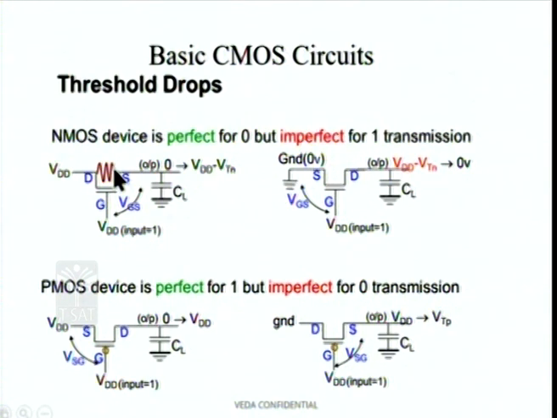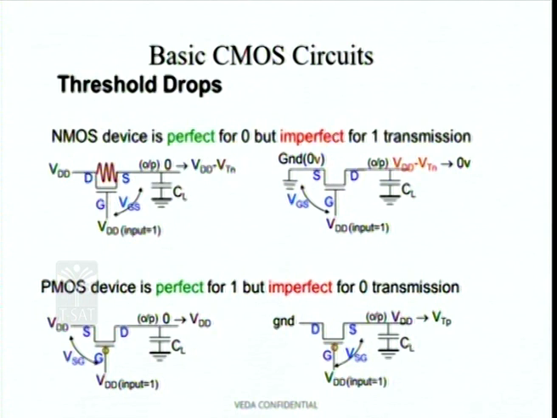But in CMOS devices, when we are operating at several hundred megahertz, maybe in the range of 500 megahertz to 1 gigahertz, you don't have that time to wait. Given 3 or 4 or 5 seconds, this might perhaps charge, but that's not the kind of time that we are looking at. So therefore, this node stops at VDD minus VT, which is one threshold voltage below the perfect logic 1, that is VDD.